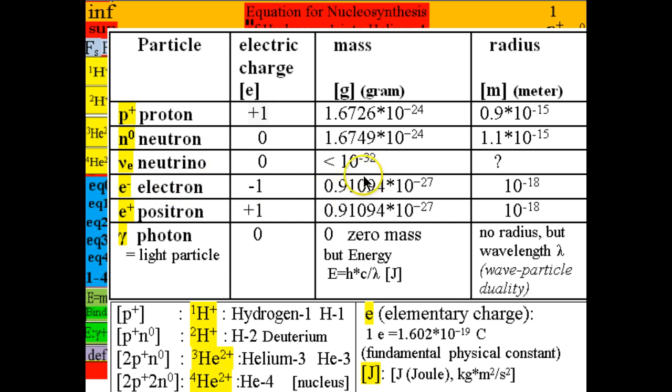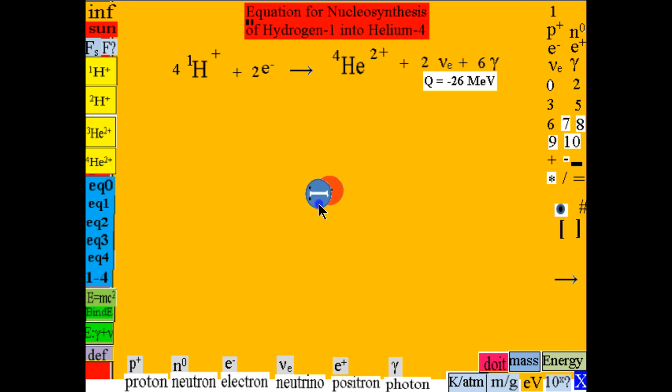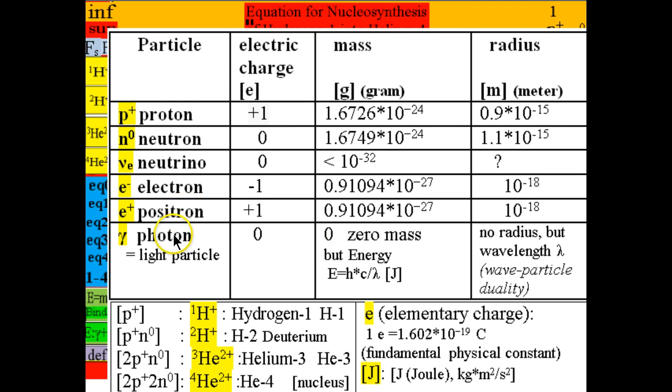The electron and positron have the same mass, but the electron has a negative electric charge of -1e, and the positron has a positive charge of 1e. And when they annihilate each other, we get a photon. Now a photon, look that up here, is a particle that has no charge and no mass, but energy.